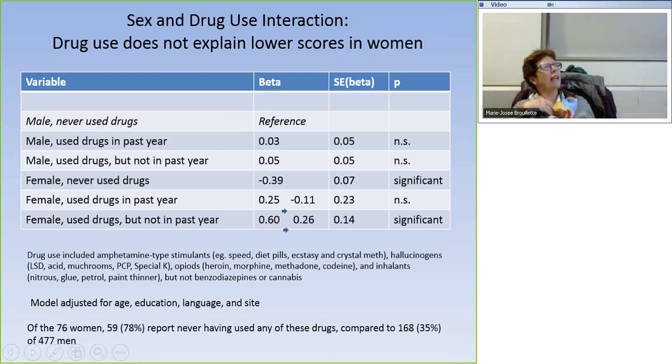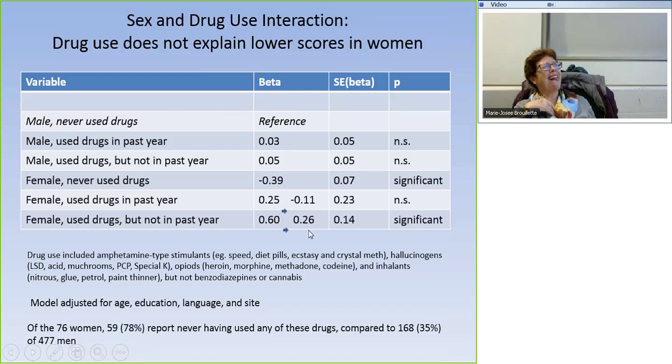If you look at women, women who never use drugs are statistically very much lower than men who never use drugs. And if they used drugs in the past year, this is the combined effect of both gender and drugs.